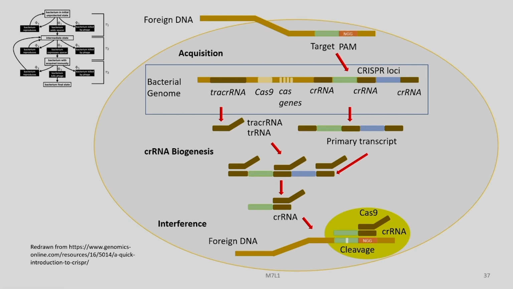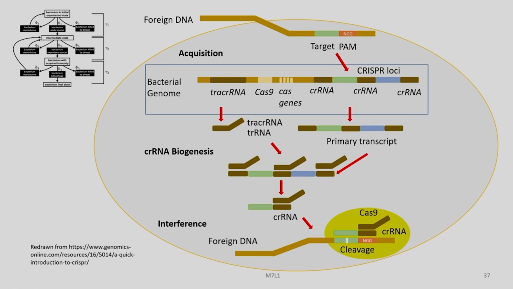Here we know about the bacterial genome which has these loci of CRISPR-Cas9 genes, okay. And then we also know that a tracrRNA is very, very important, and due to the adaptation or acquisition process, one small fragment of the invading viral DNA will be incorporated into the existing CRISPR loci.